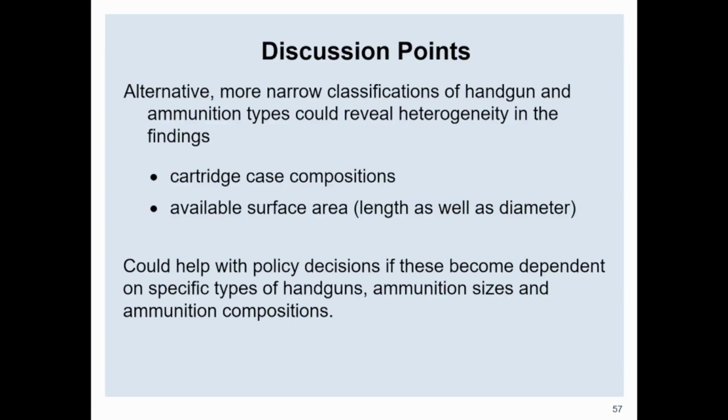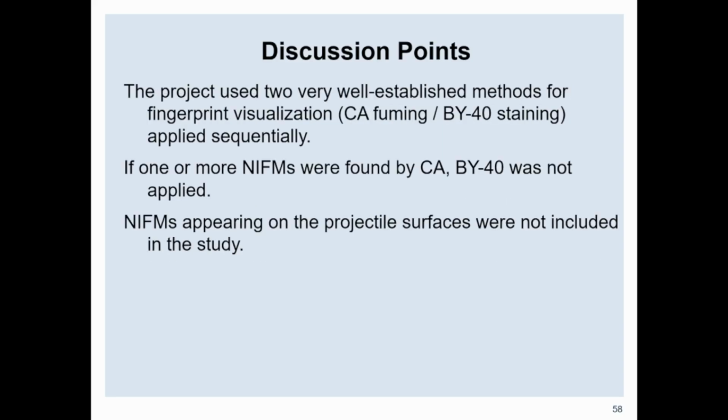We could have looked at different classifications of the handguns and the ammunition, and it might help with policy decisions, but it wouldn't change the overall results. Likewise, with the fingerprint visualization methods that we used, we did not use those on all the cartridges. We stopped if we found a finger mark meeting our criteria with the cyanoacrylate.